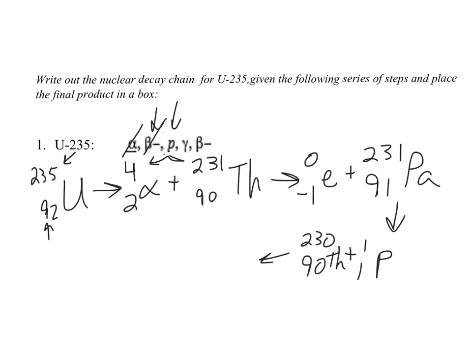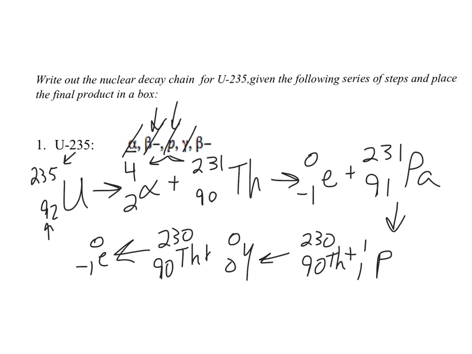Then we're going to do a gamma. We're going to spit out a gamma particle, which doesn't actually change our element. And last but not least, one final beta decay. And we end with Pa with a mass of 230.